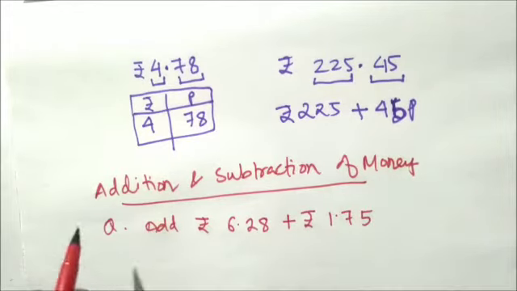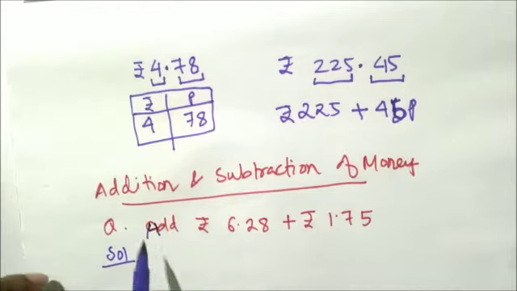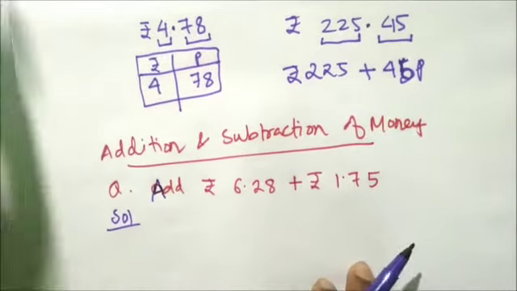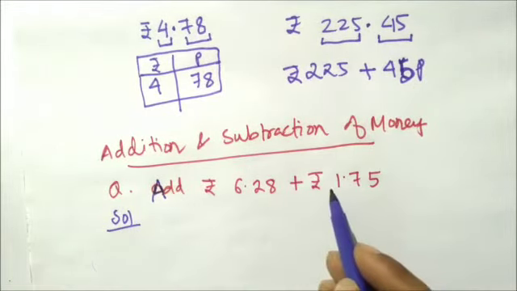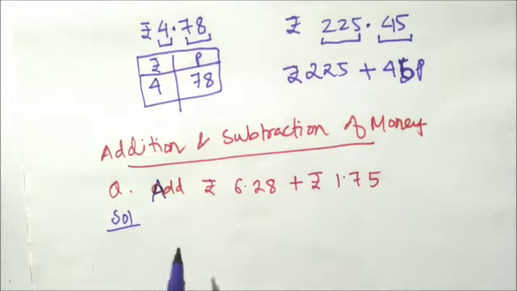So how we will solve it? Add rupees 6.28. 6.28 means 6 rupees 28 paisa. Rupees 1.75 means 1 rupee and 75 paisa. So now we are going to add these.